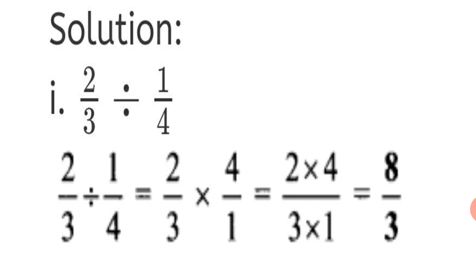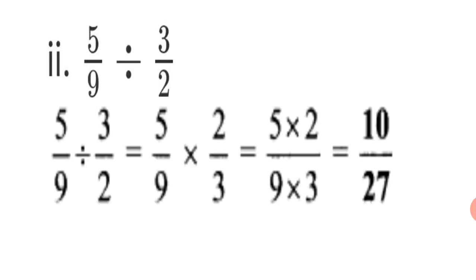So 1 upon 4 becomes 4 upon 1. Now multiply. 2 fours are 8, 3 ones are 3, answer 8 upon 3. So division of fractions is very simple. First fraction as it is, division turns into multiplication, and the reciprocal of the next fraction. And you solve it.